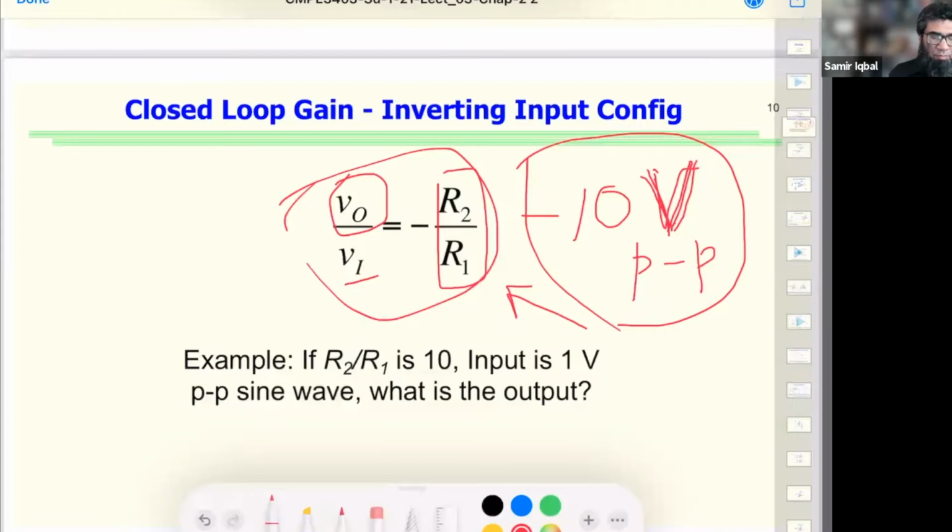All right. Now let's take a look at finite open loop gain. This was closed loop gain. So what is the effect of finite open loop gain on our circuit?